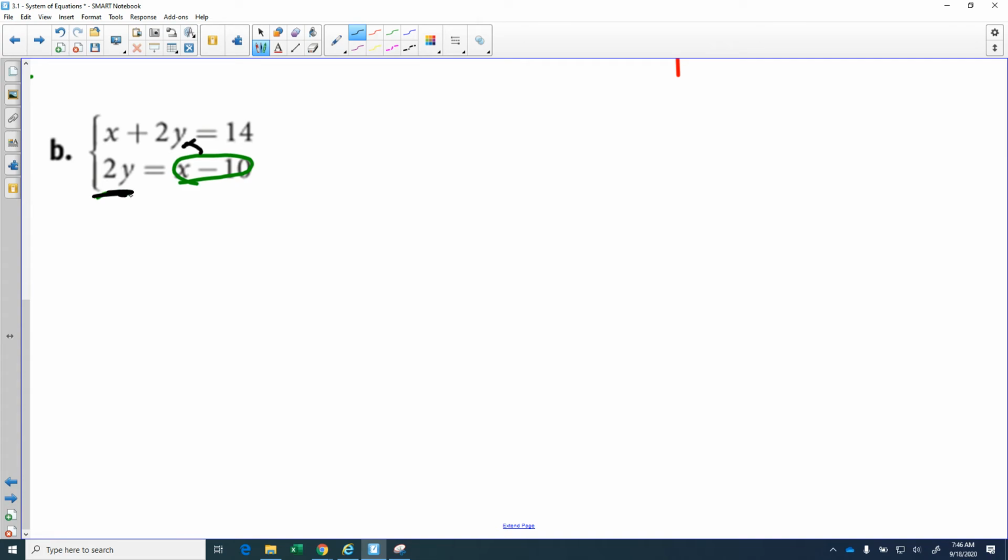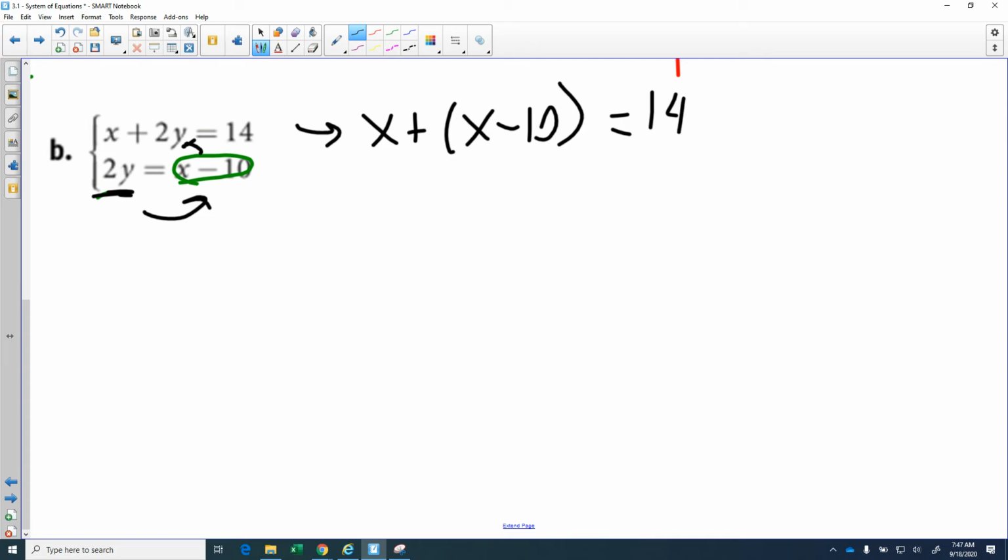Because 2y equals this. Okay? That would give me the equation on top of x plus x minus 10 equals 14. Okay? So all I did was take this value here, the x minus 10, and plug it in for 2y. Because they're both equal to 2y.